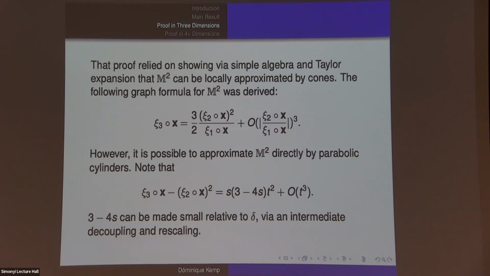All right, so the 3-dimensional case was taken care of a few years ago, and it was done in a way that focused on the conical description of moment surfaces. And that's why we have the formula here, which is the graph of a cone that's been rotated onto its side.